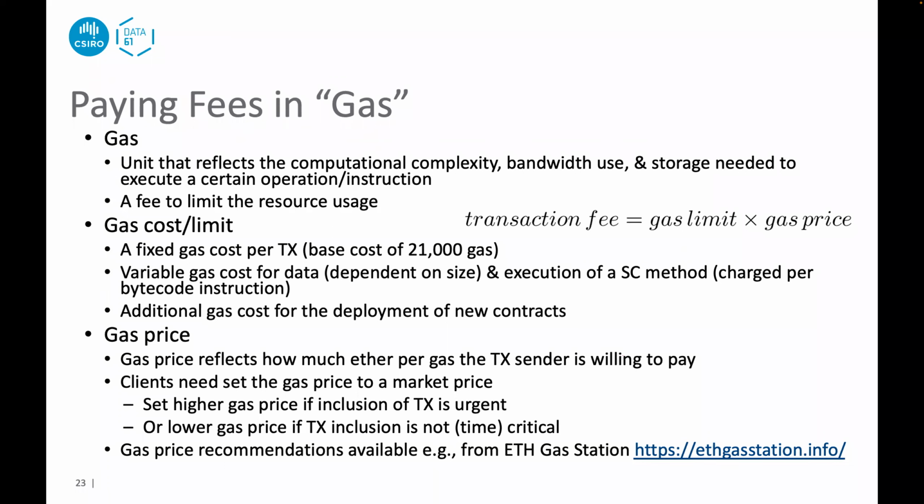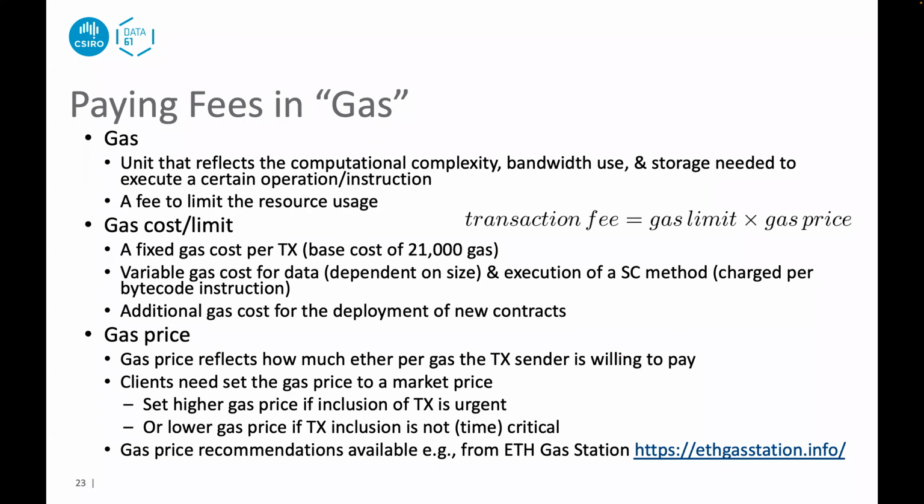But then to buy that liter, you would pay a certain price, and that price always varies. That is what is called the gas price. So when you execute a transaction, you have to pay something to the miner, and how much you pay to that miner in Bitcoin is entirely voluntary.